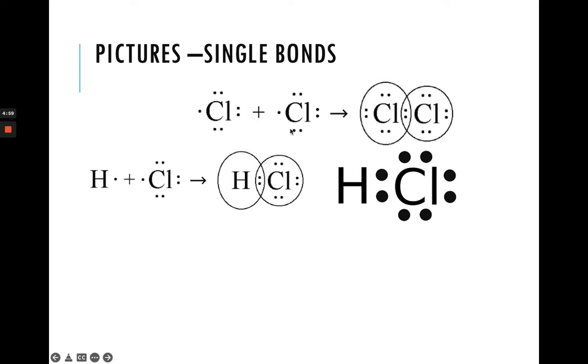Each chlorine atom needs one more valence electron to fulfill its outer electron shell to look like a noble gas. Neither one is going to just give one away. They are both so close. However, if they share the unpaired electrons between them, as long as they stay together, each chlorine feels like it has a full set of 8, and as long as those 2 electrons stay between them, they are very stable, and you get this very stable Cl2 molecule.